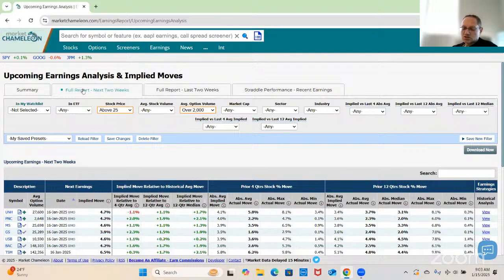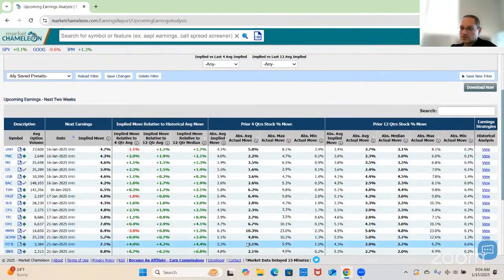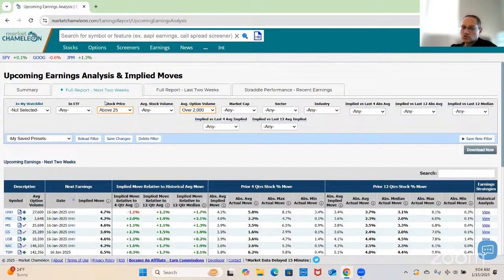And this gives us a list, a data table, with a list of stocks that are expected to report earnings in the next 2 weeks. We do have filters above here to allow us to narrow down this table. There are two defaults.